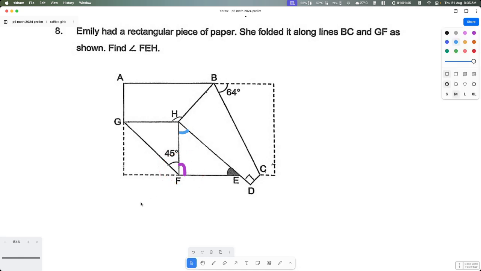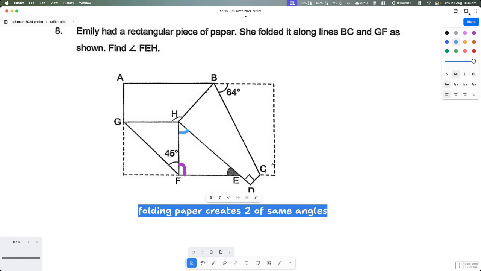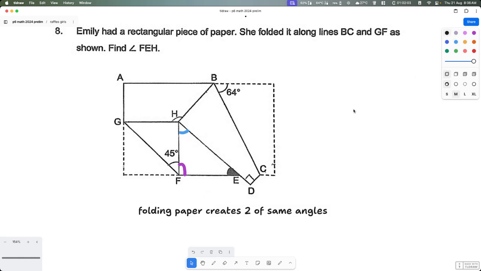For folded angles, folding paper creates two of the same angles. So this is a note here. First, we know this is a right angle. When we fold it, we also fold it here as well.